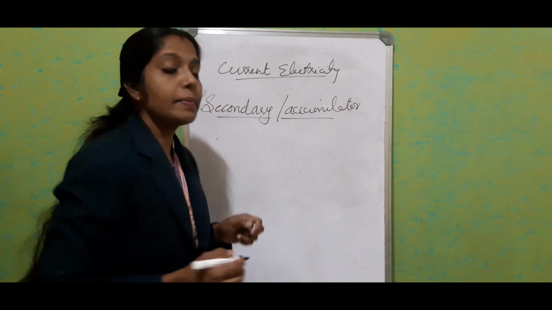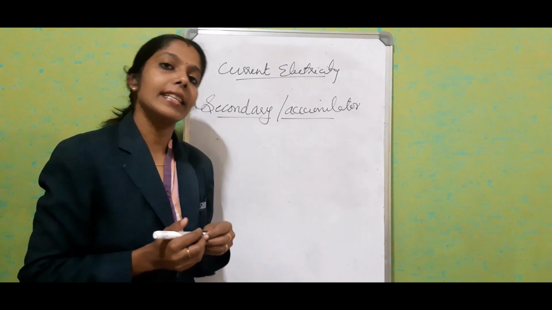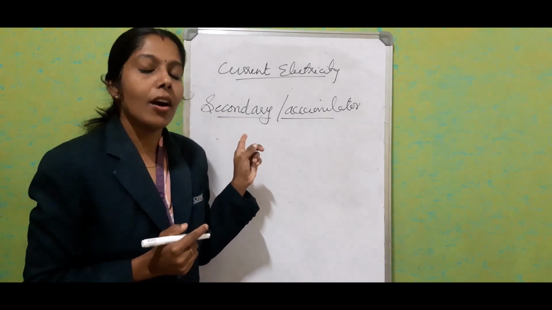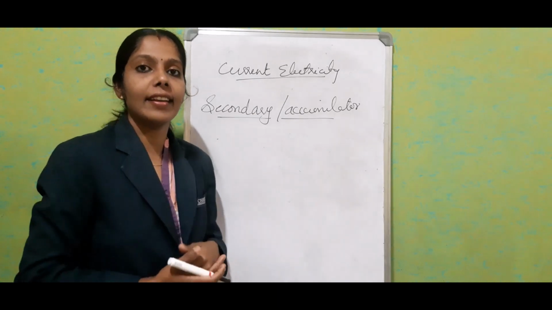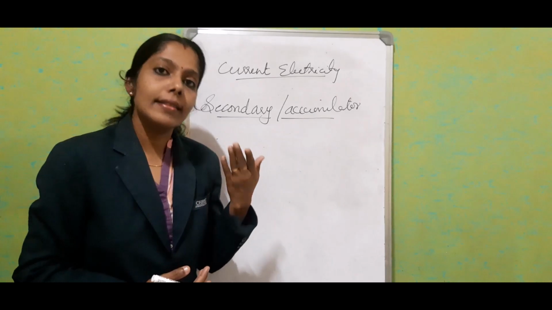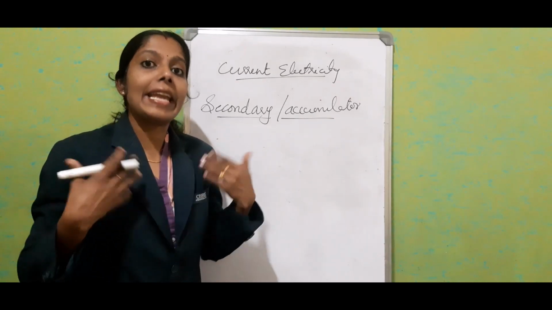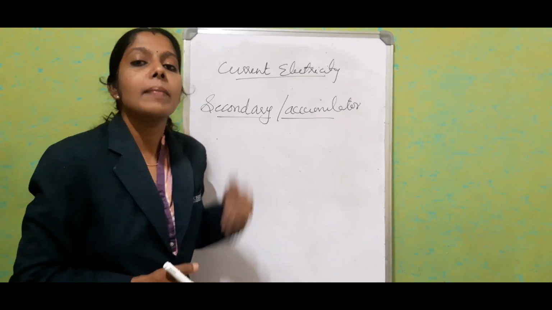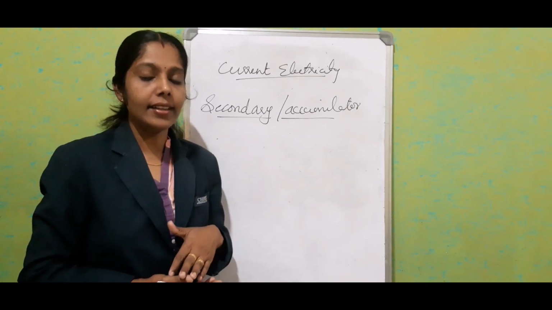The main difference between primary cells and secondary cells is that the process of generating the current is reversible. That means once the charge is over, we can recharge it again. That is the main difference between primary cells and secondary cells.